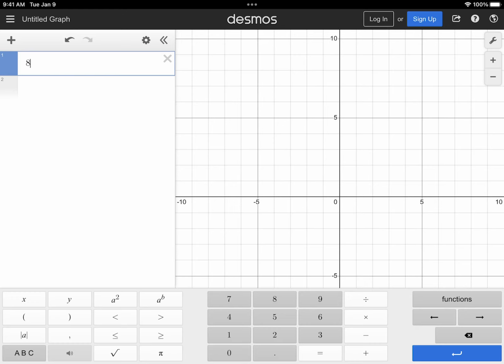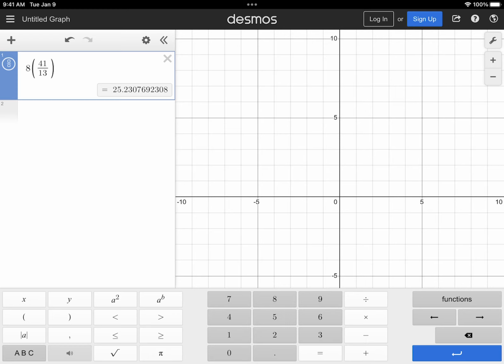So I have 8 and then parentheses. Now, to do a fraction, I'm trying to type in 41 over 13. I can literally just do 41 and then hit the division sign and then 13 to get my fraction. Then I close the parenthesis.